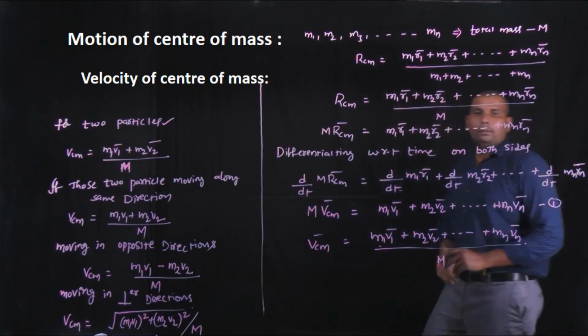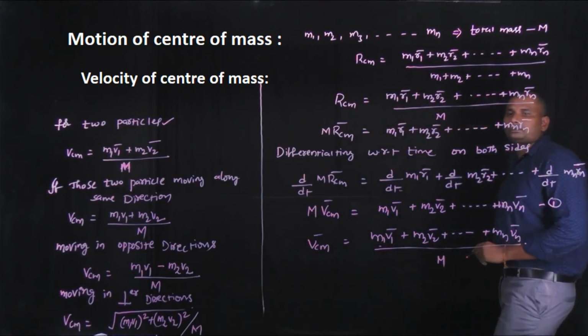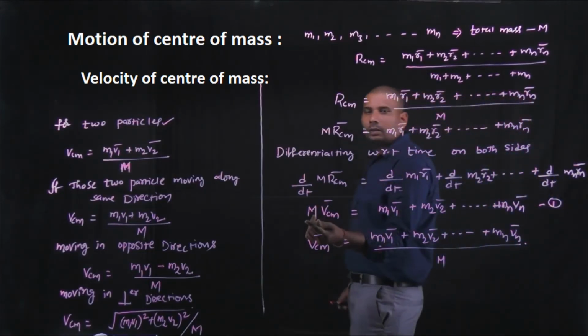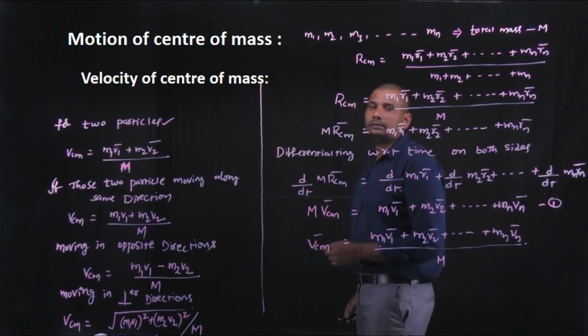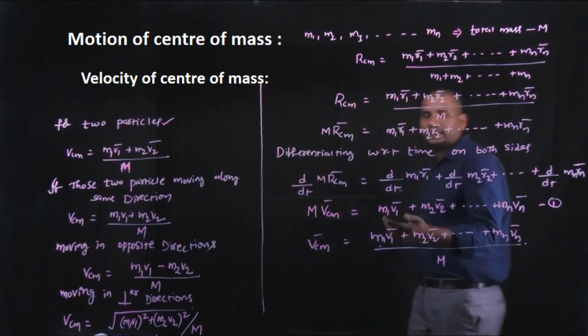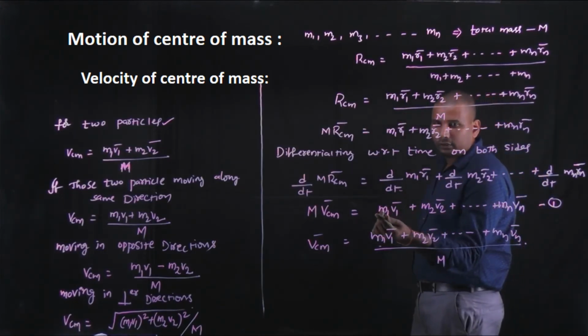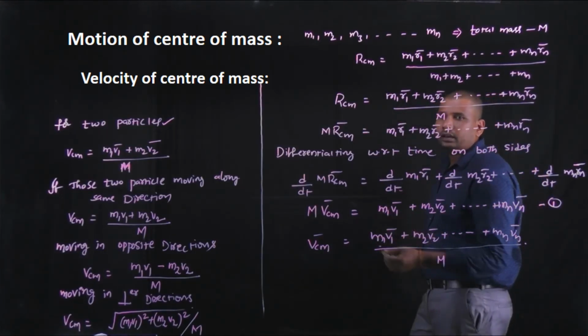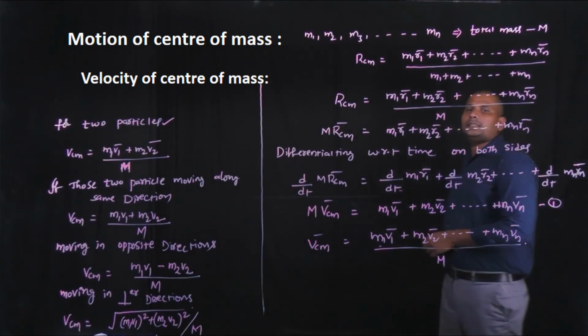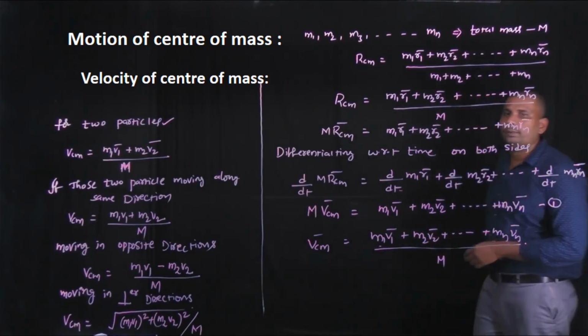Now, by observing equation 1, it is like a product of mass into velocity, and in the RHS also all the terms contain the product of mass into velocity. We already know that the product of mass into velocity is called momentum.